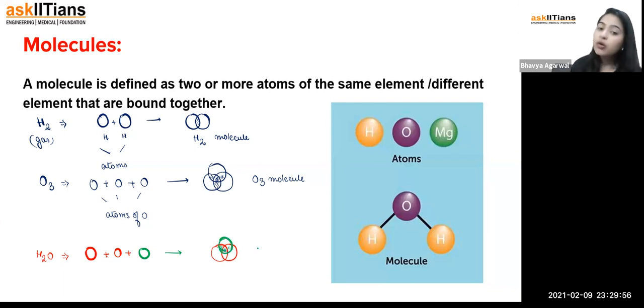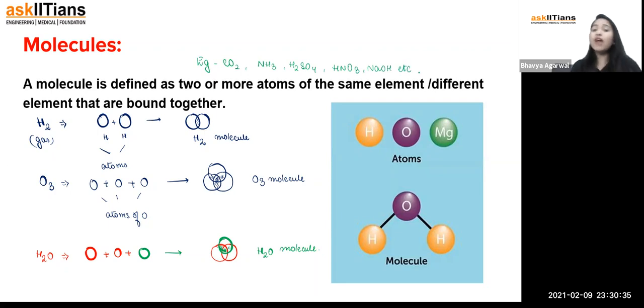This is your water molecule. So molecules can be comprised of the same element or different elements. Make sense? We have many examples of molecules: carbon dioxide, ammonia, sulfuric acid, nitric acid, sodium hydroxide, etc., which have different types of atoms.